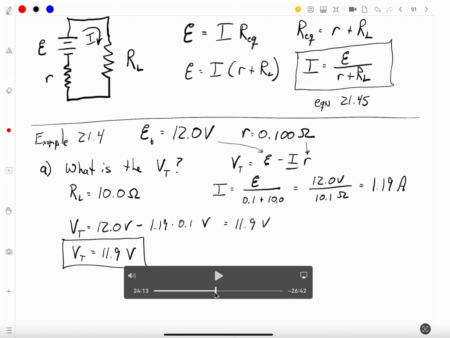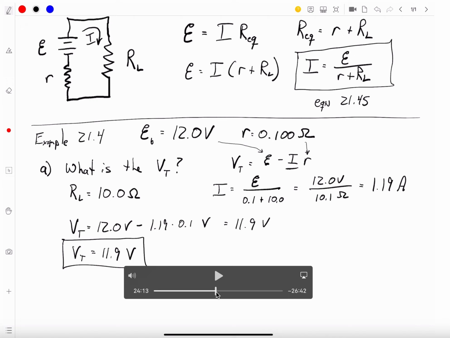So now we can use the equation for VT, which is 21.44 in the book, to figure out what our terminal voltage is. 12 minus 1.19 times 0.1 makes 11.9 volts. Okay, so that's how you get your terminal voltage.